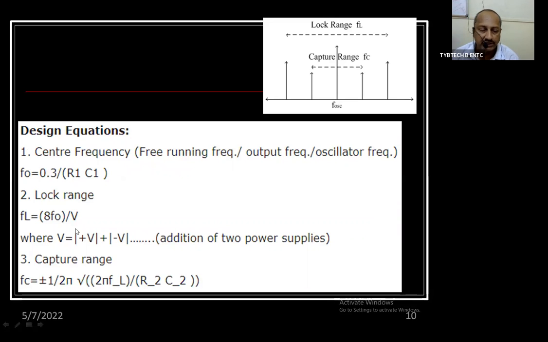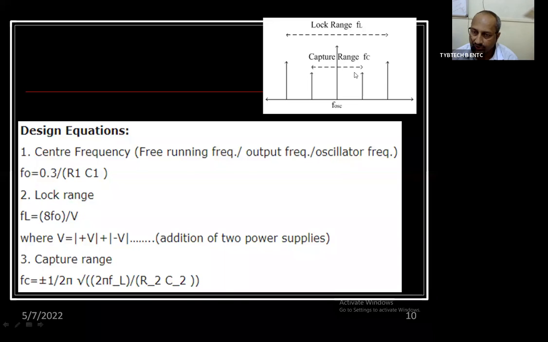These three formulas are very important as far as this diagram is concerned, that is the lock range and the capture range. So what is this lock range? Lock range is nothing but the maximum frequency range in which we can lock the input signal.